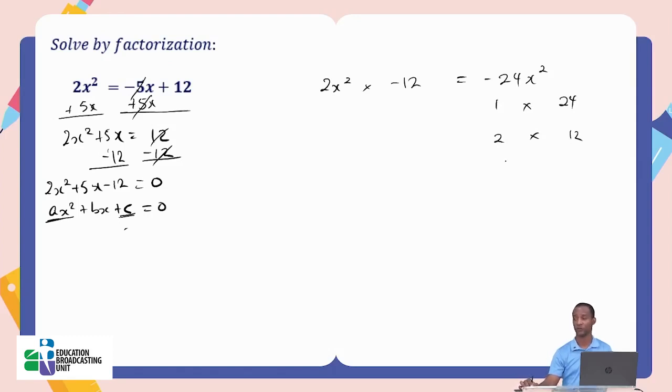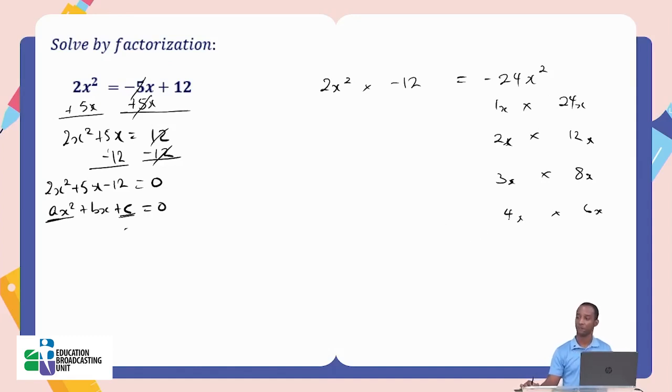Do we have any more? We have 1, 2, let's try 3. 3 times 8 gives us 24, and 4 times 6 gives us 24. And so we know these are all x terms, since x times x will give us the x squared that we required.